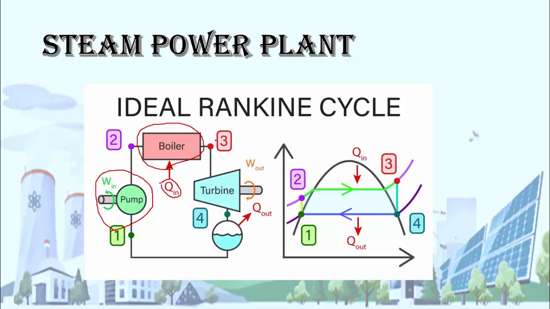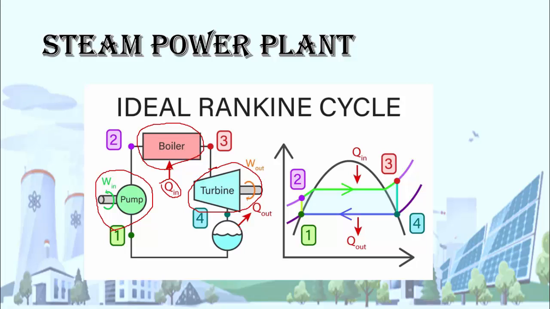From the process 3 to 4, the steam hits or impinges the turbine blades, because of which the turbine blades start to rotate. That mechanical energy is converted into the electrical energy by the generator, which is coupled with the turbine. Then the exhaust steam goes to the condenser.